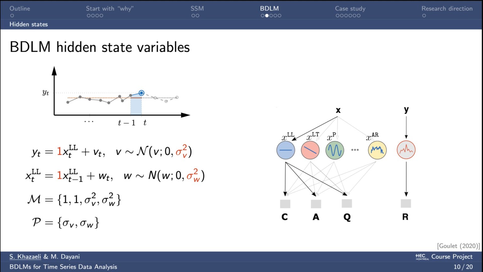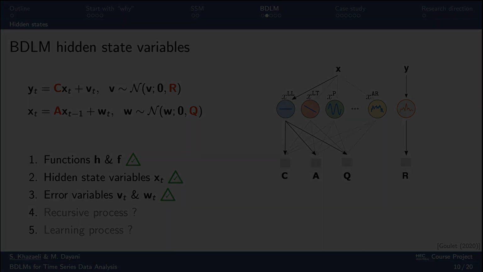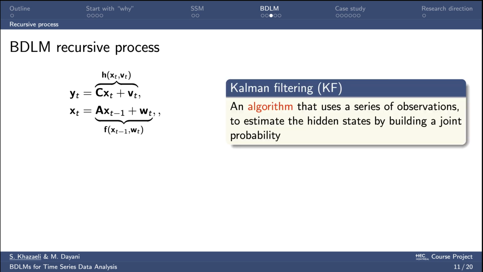Up to now, three questions are answered. The next questions are: what is the recursive process and what is the learning aspect of the BDLM? We already talked about the recursive process. In the case of BDLM, there is an algorithm called the Kalman filter that allows us to perform this process.